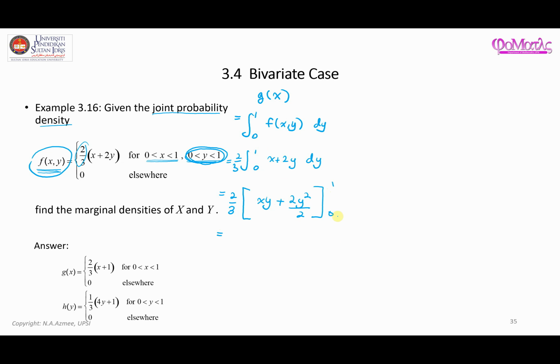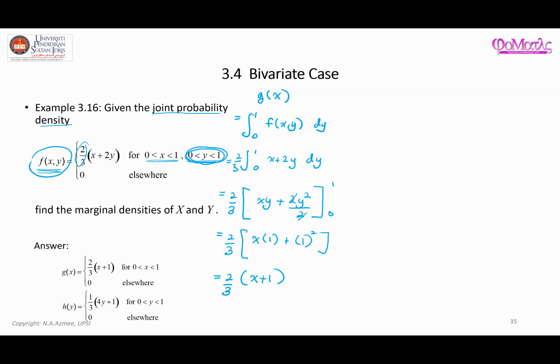Now I'm just going to substitute the values here. So what we have is x times 1 plus, this one can be cancelled out, 1 squared, and if you substitute 0 into this, the result is going to be 0. So really we don't have to do anything much, and the answer is going to be 2/3 (x + 1).